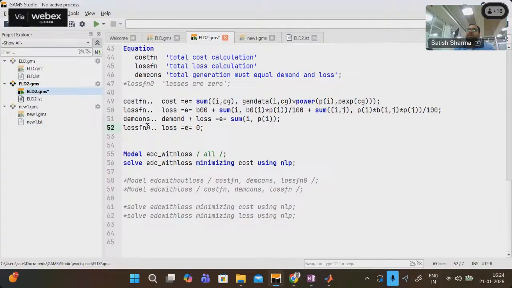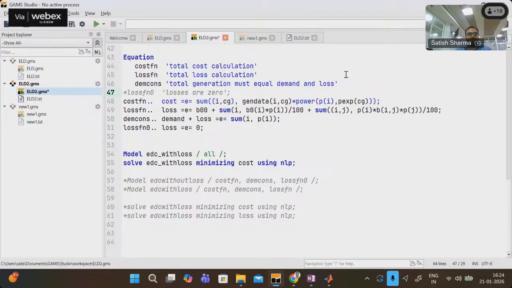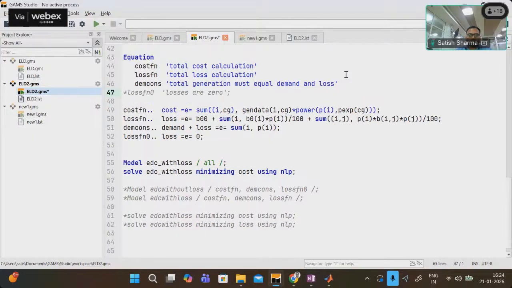At line number 52 I have defined loss equals 0. So we had two formulations, one without loss and another with loss. For the without loss case I am going to use this particular equation. Before defining it I have to declare it as well, so I will declare it here. This is where I have defined it.